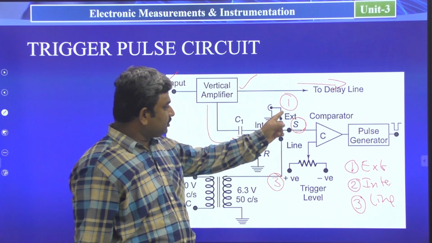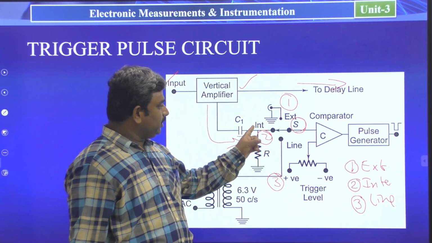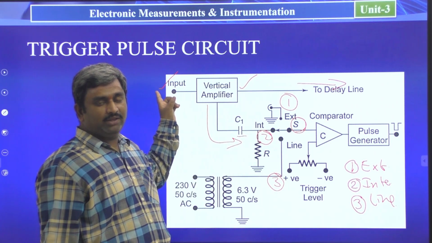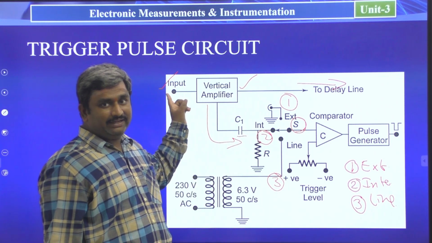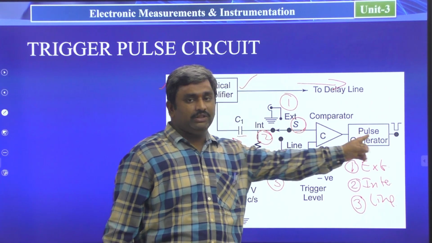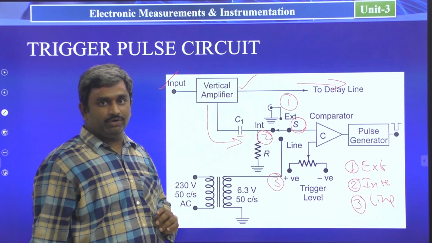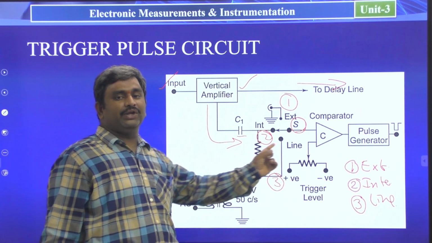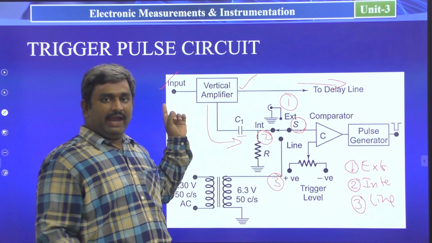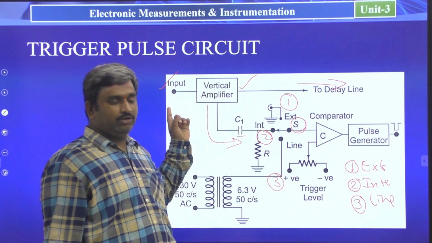So see here, external, internal, line voltage. For internal, whatever signal we connect at the vertical amplifier, that signal is controlling this triggering pulse circuit. That is, triggering will happen automatically based on the input we have given at the channel 1 or channel 2 side.